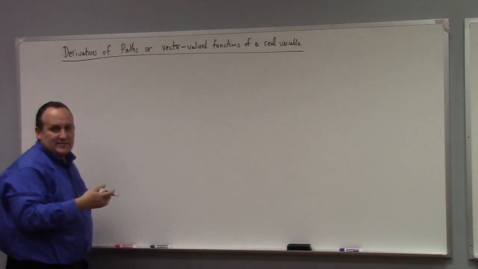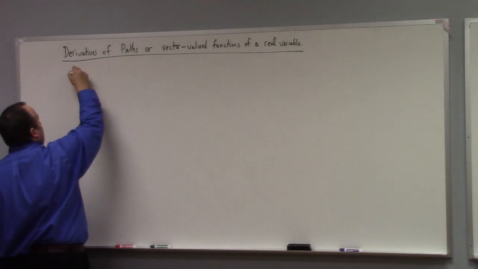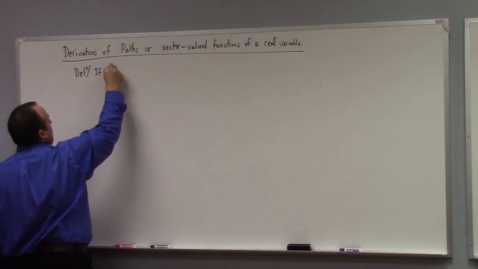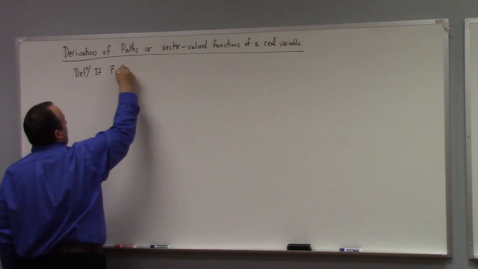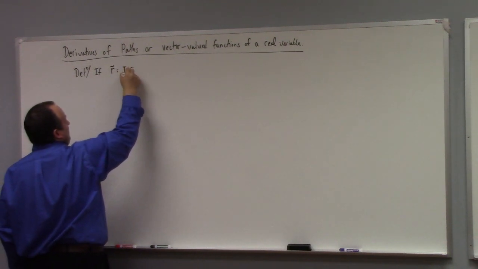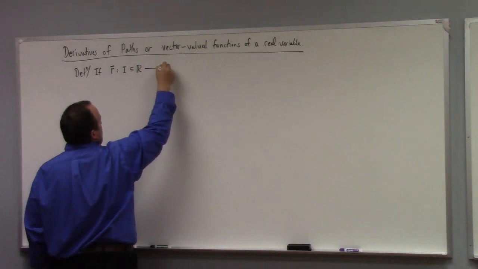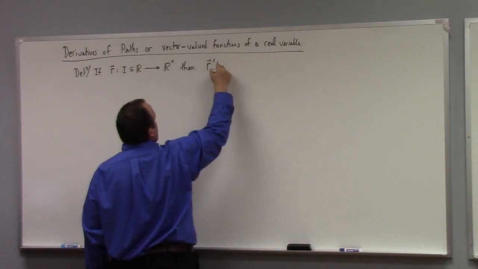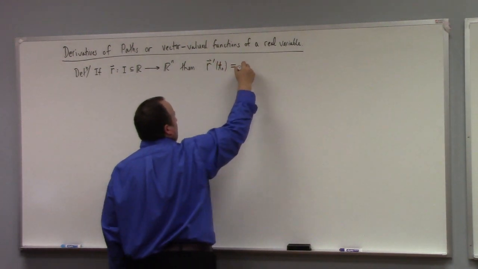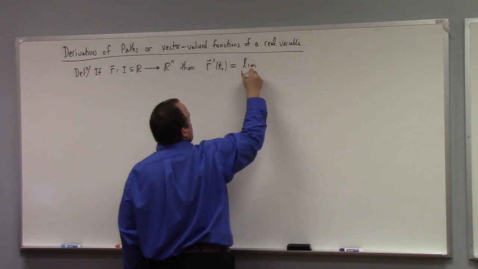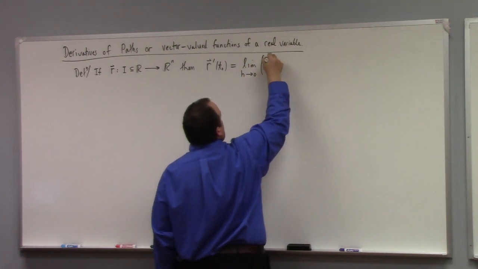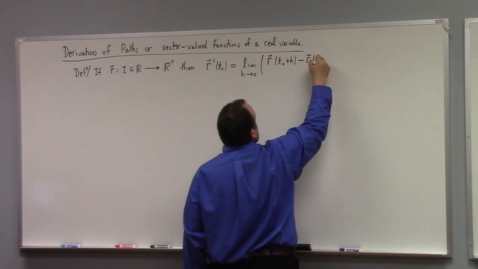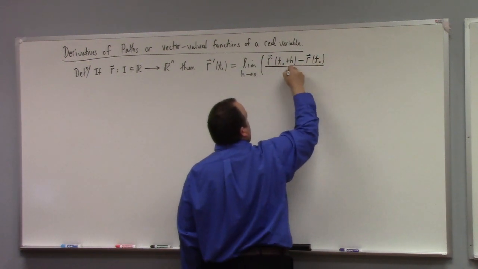All right, so let me just get that ugly limit definition out of the way. So here's our definition. If R is a mapping from I, which is a subset of the real numbers, to Rn, then R prime of T naught is equal to the limit as h goes to 0 of R of T naught plus h minus R of T naught, all divided by h.